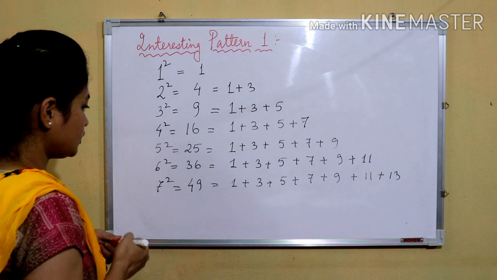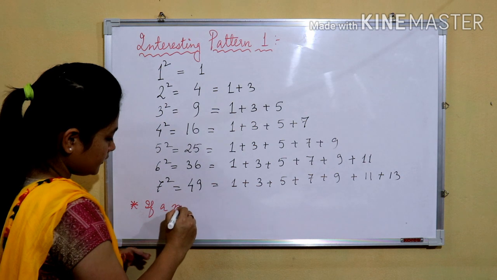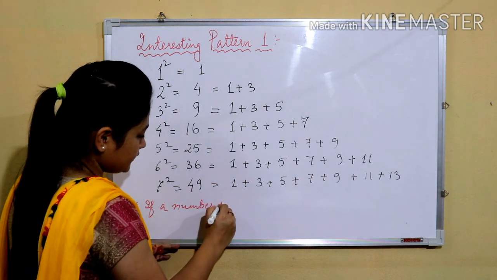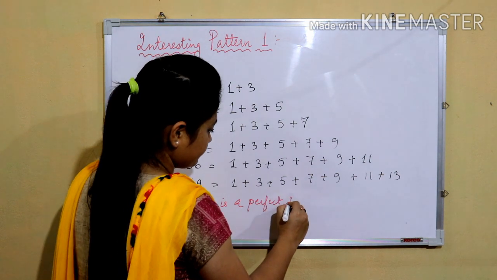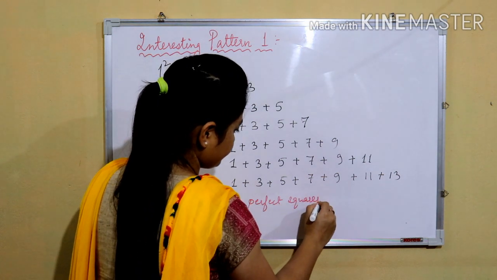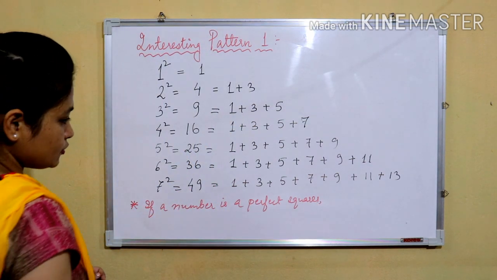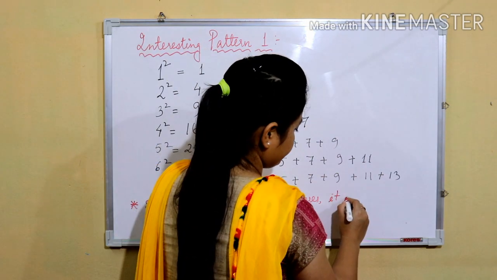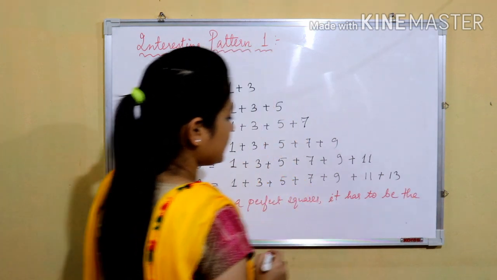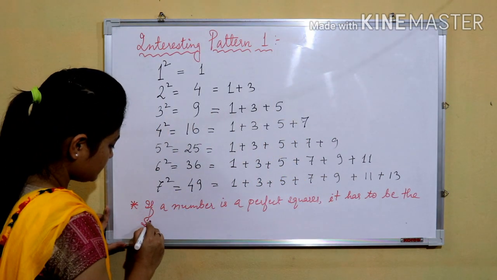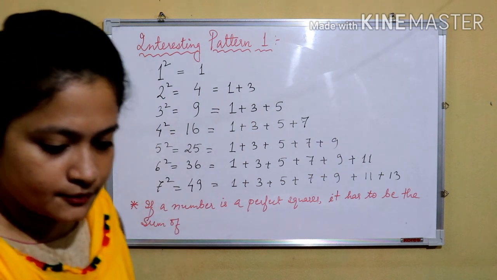So with this, we can conclude that if a number is a perfect square, it has to be the sum of consecutive odd numbers.